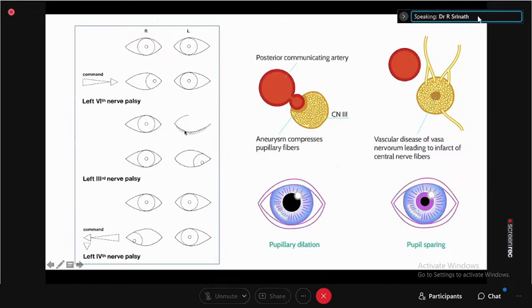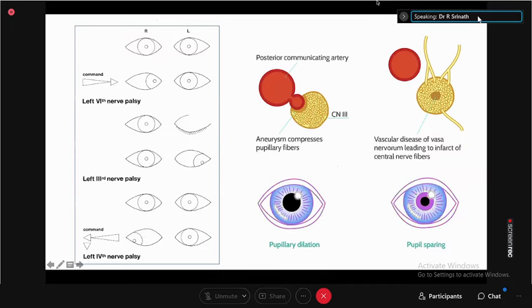He has ptosis also. And in left fourth cranial nerve palsy, you can see here he is asked to look to the right side. He is unable to, and because of the involvement of the left-sided superior oblique, the eye is in the central position.